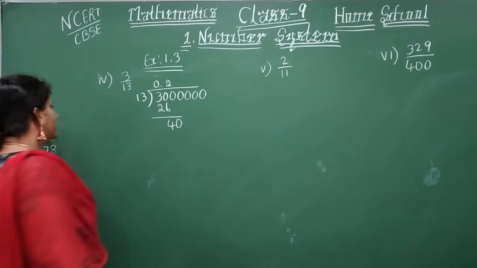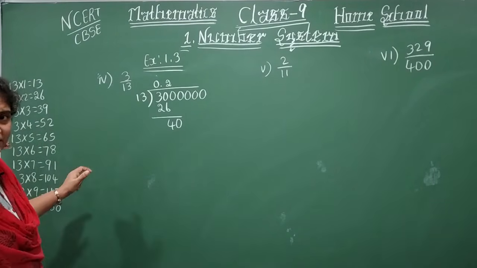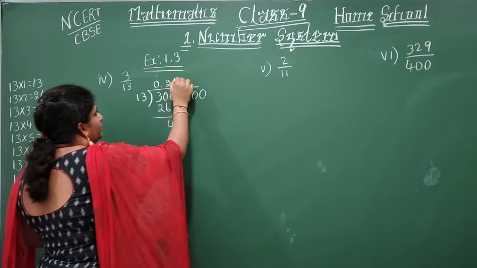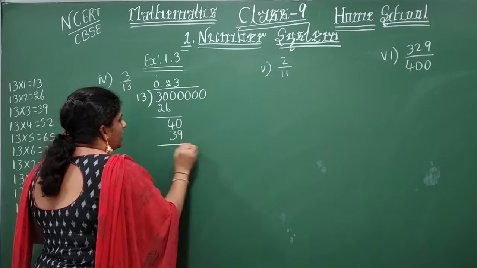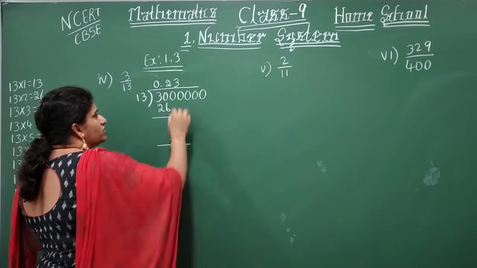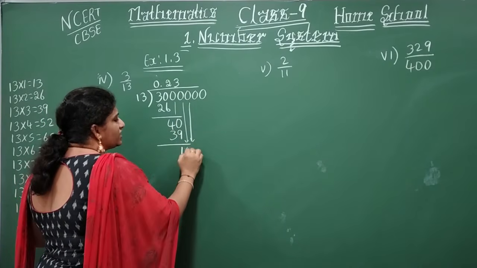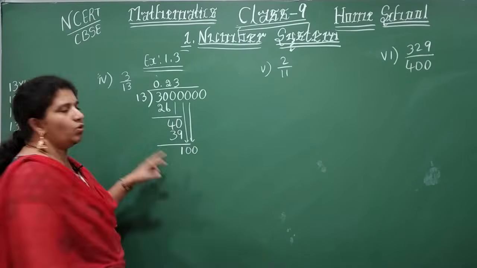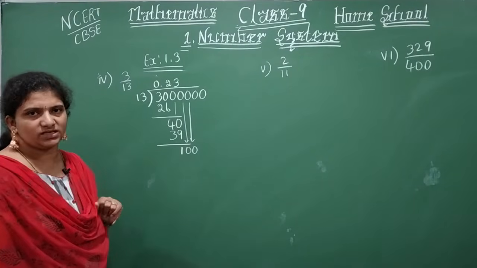Now again, 13 table, where you get 40 nearer? 13 threes are 39. Now, 40 minus 39 will be 1. So now what you do here? Drag 2 zeros. 1 0 means what happens here? Only 10 it will be. Right? You need to take 2 zeros.